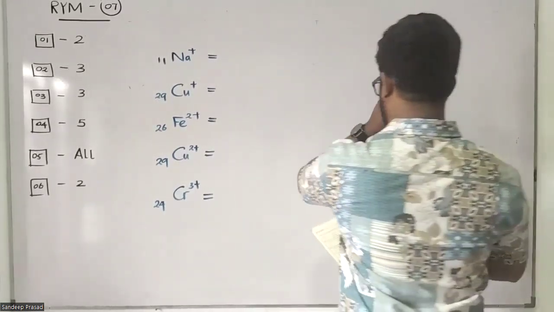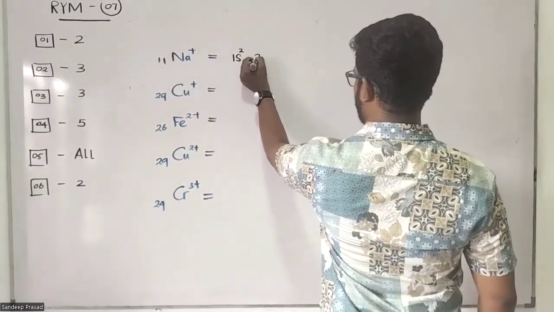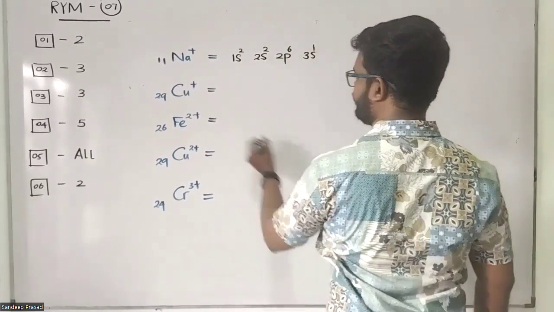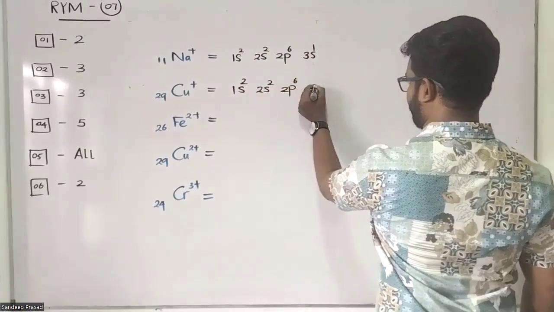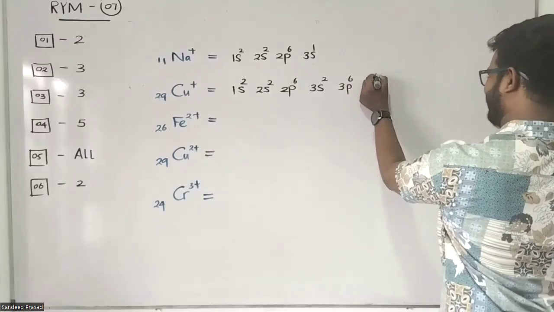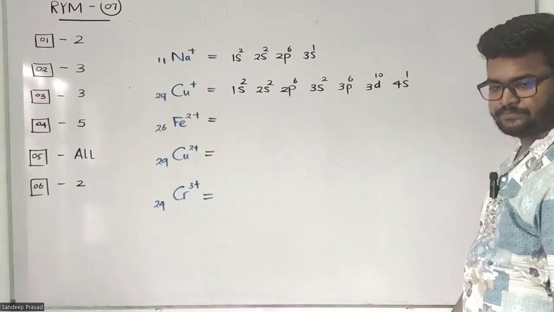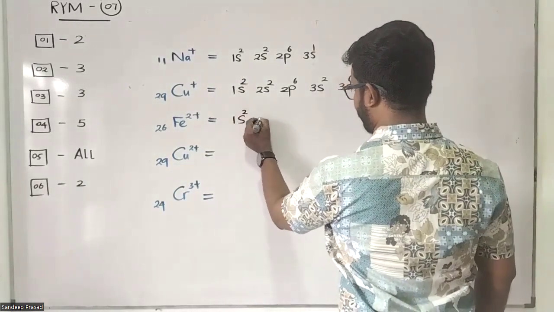Sodium: 1s2, 2s2, 2p6, 3s1. Copper is actually 1s2, 2s2, 2p6, 3s2, 3p6, 3d10, 4s1. Its configuration is rearranged in order to obtain the greatest stability.